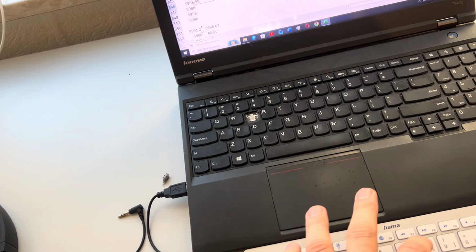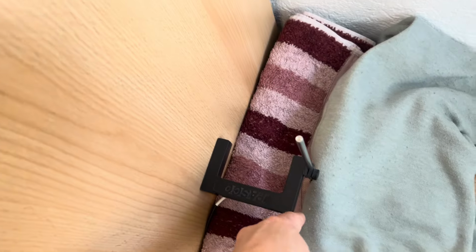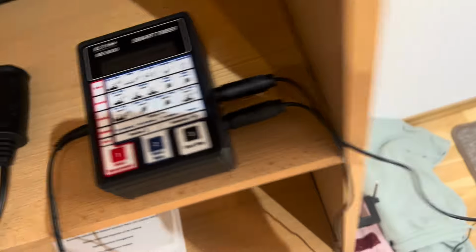But of course, this time the standard deviations are terrible. 5987. Okay. 5993.